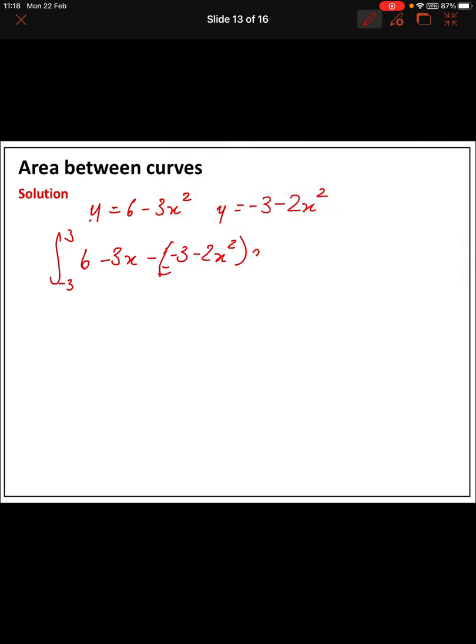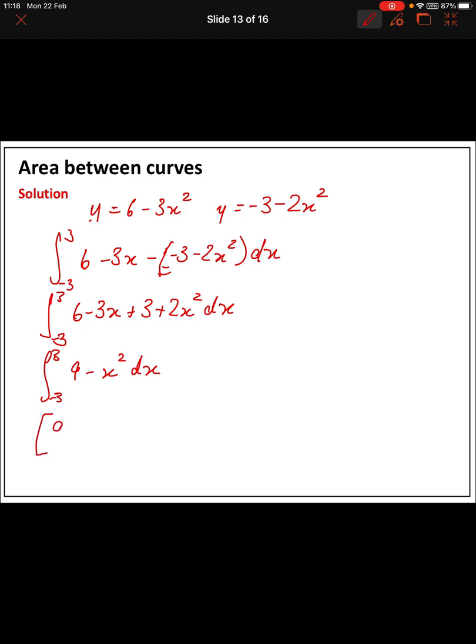Okay, so let's multiply it out. So I would have 6 minus 3x squared plus 3 plus 2x squared. Okay, so let's keep going. Let's tidy it up, and I get 9 minus x squared in there between 3 and minus 3. Okay, so now I'm ready to integrate it.